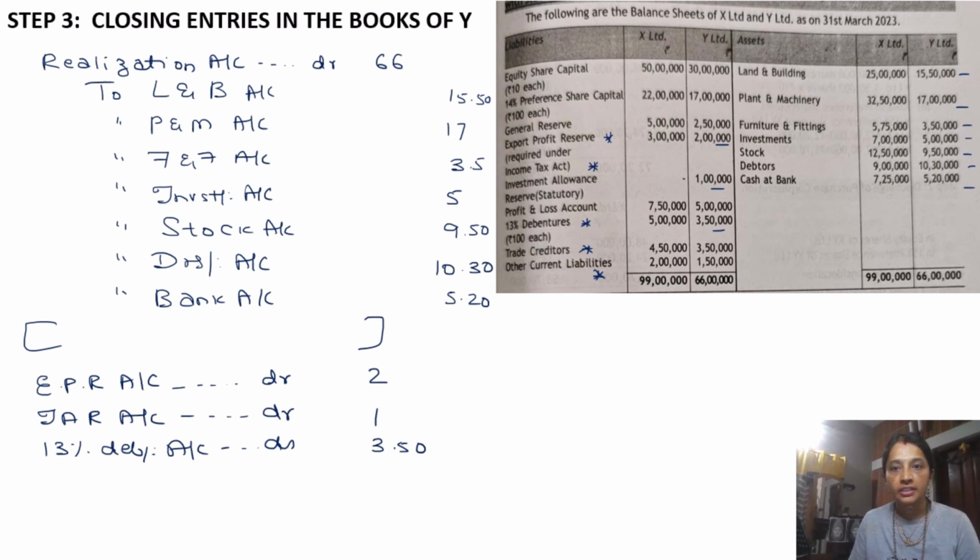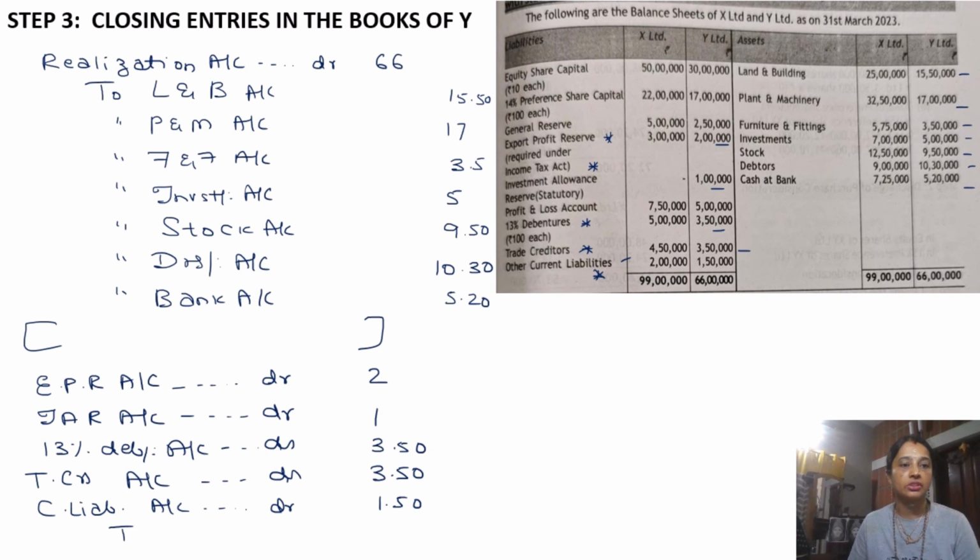Then trade creditors account debit 3,50,000. Then other current liabilities account debit, amount is 1,50,000. Transfer all these things to realization account. So you will take the total and put it in the credit column, the total of which comes up to 11,50,000. So this is the second entry.